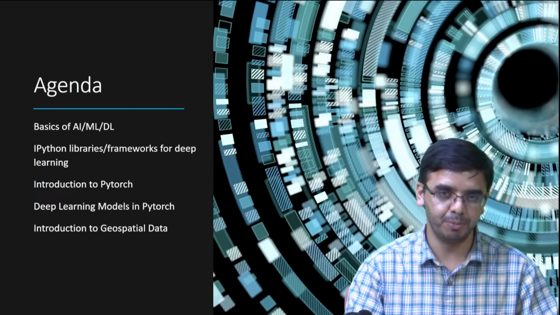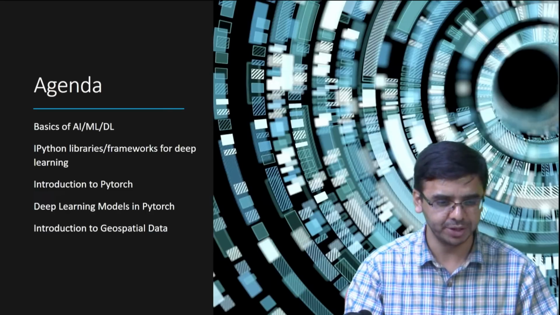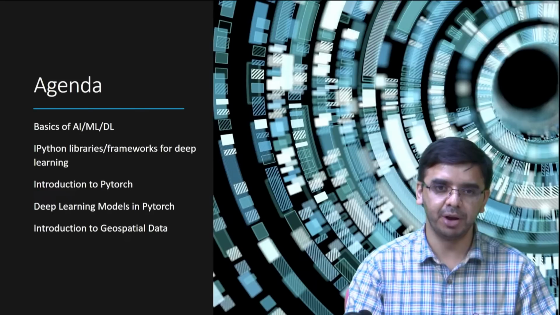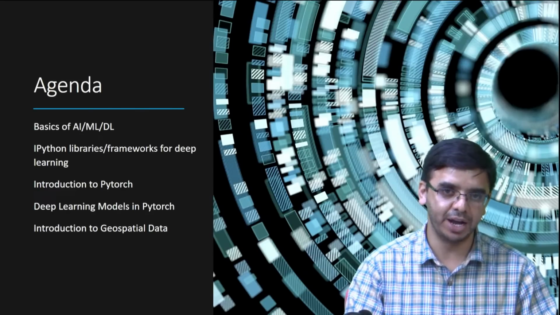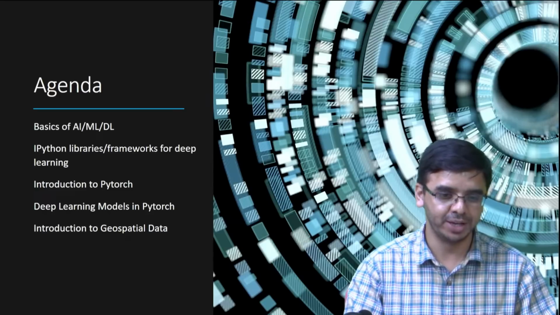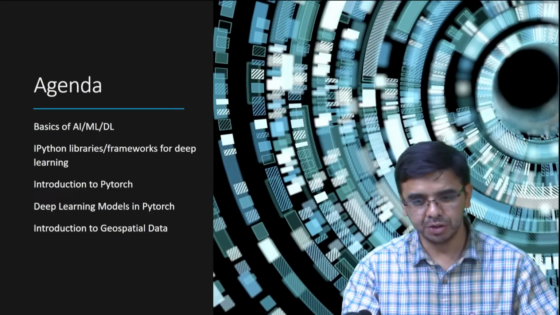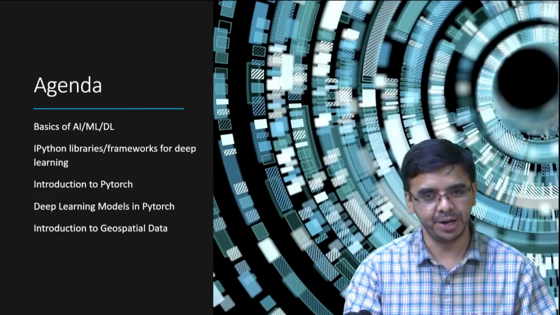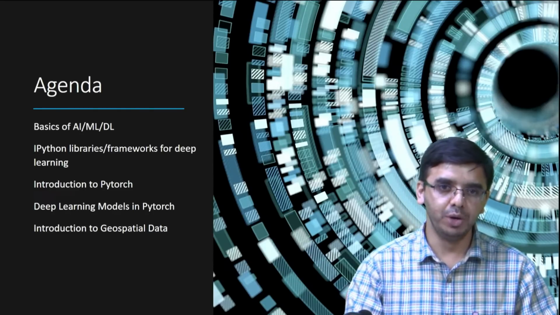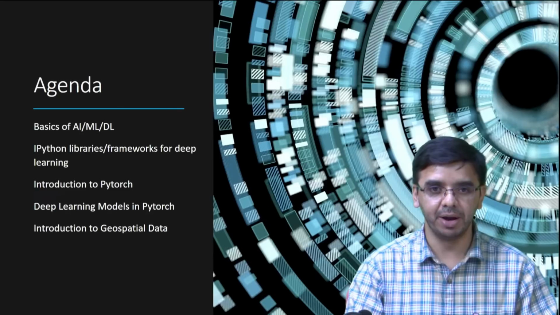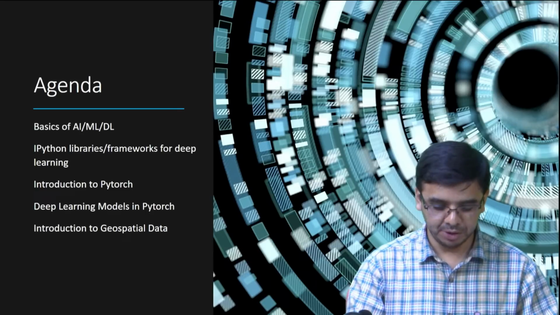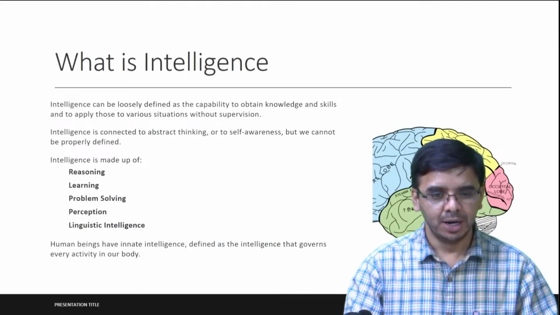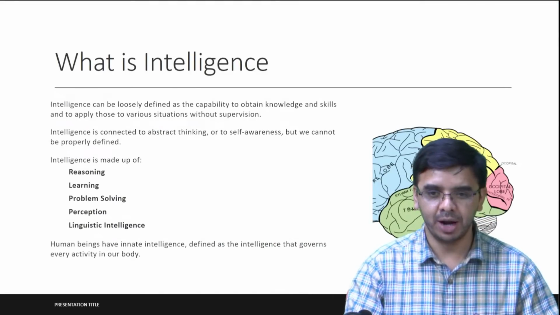I will briefly introduce PyTorch, and in the second half we will see how we create these deep learning models and what neural networks look like in PyTorch. And because this course is all about geospatial data, I will briefly touch upon geospatial data, and we will see how we use deep learning for geospatial data.